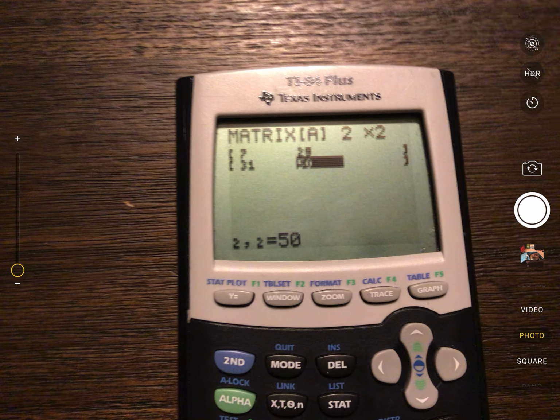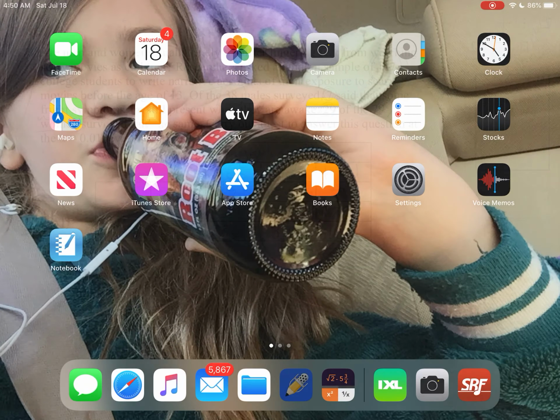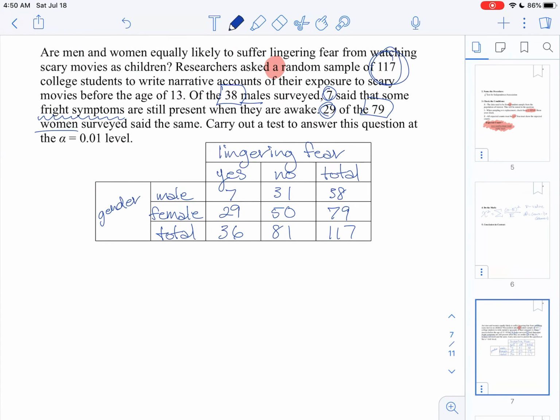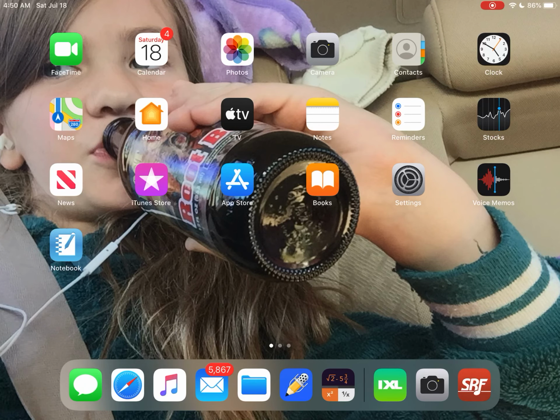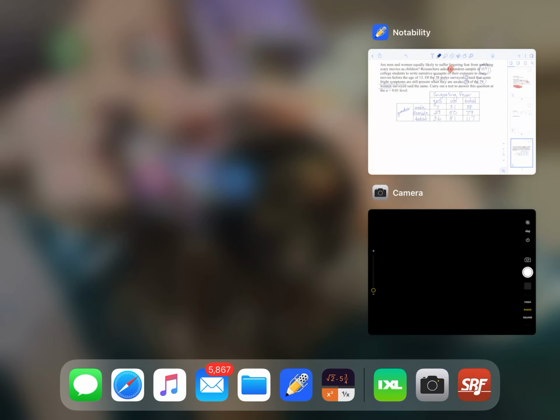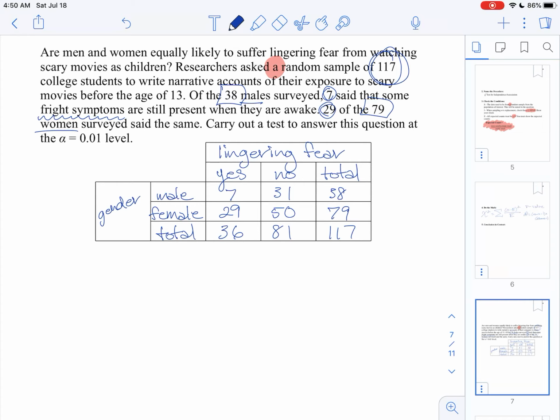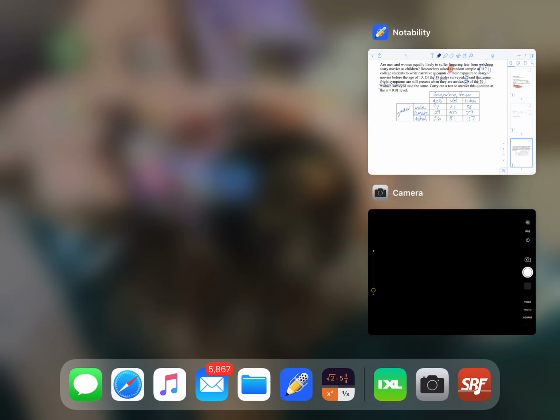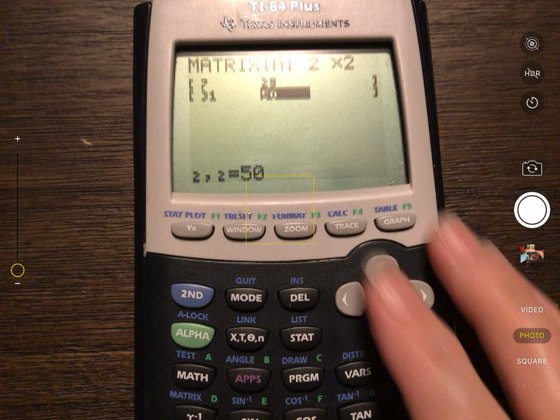I think. Let me go back and double check just to make sure. Oh, nope. I was wrong. See, it's a good thing I checked. I mixed them up. Oops. It's 7, 31, 29, and 50. Okay, let me fix that.